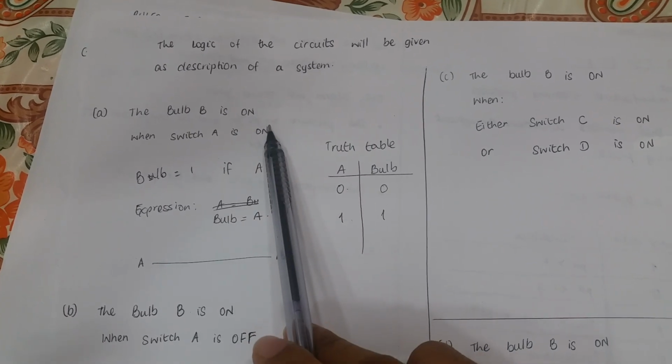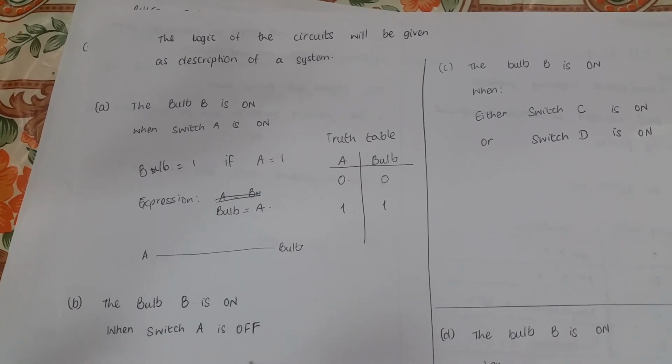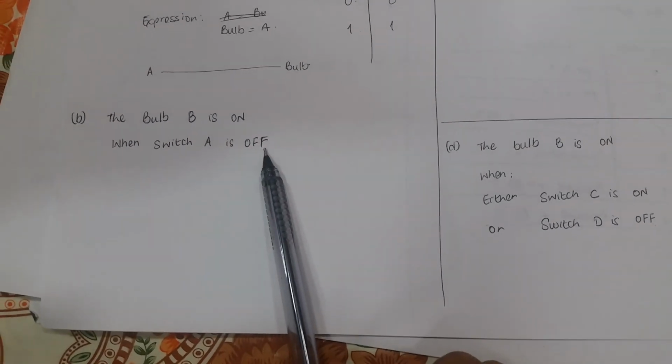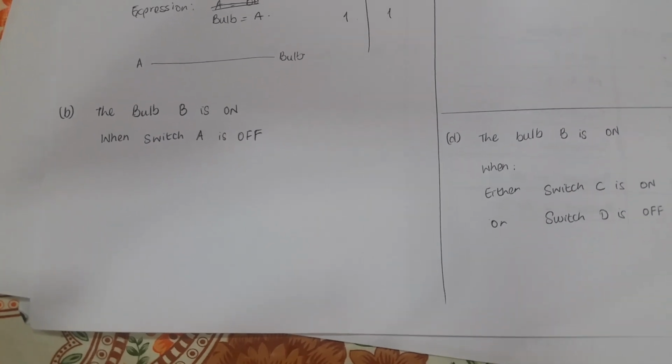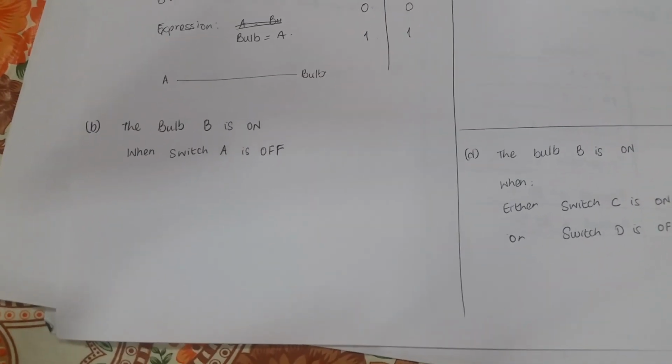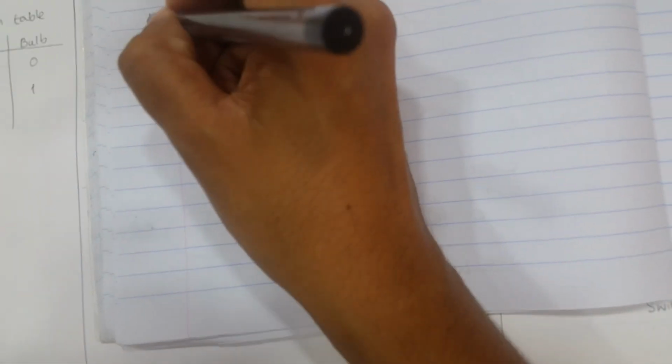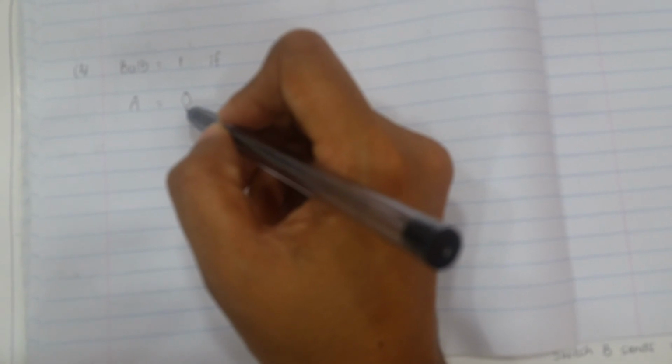Now if I change this on to off here, nous avons seulement une partie. So how are we going to work this out? So here you have the bulb is on. If A is equal to 0.